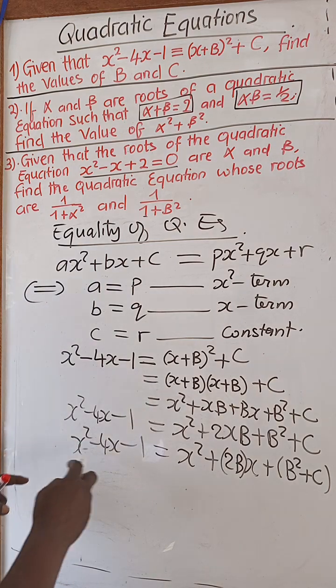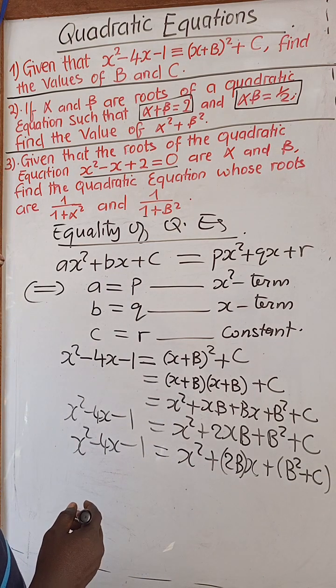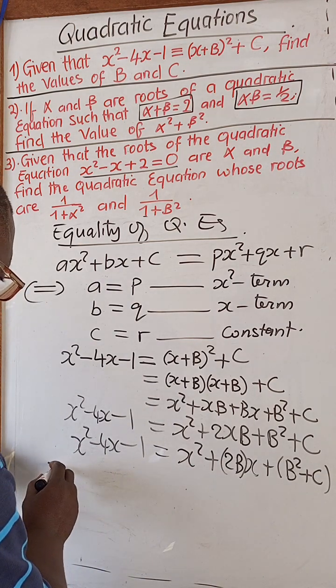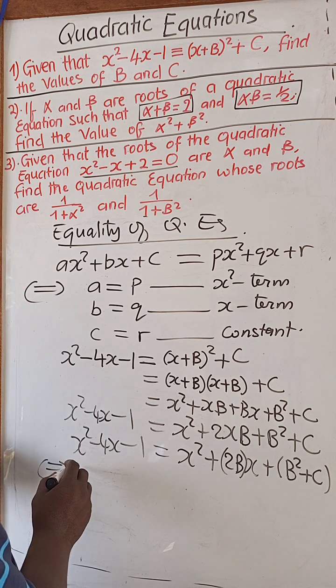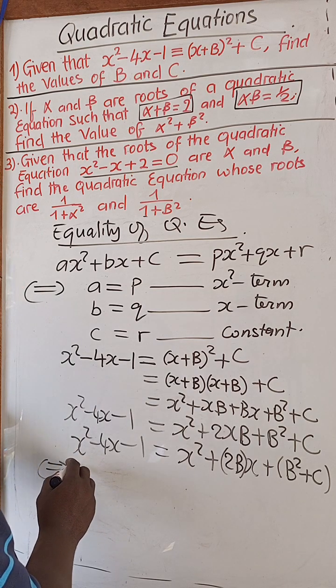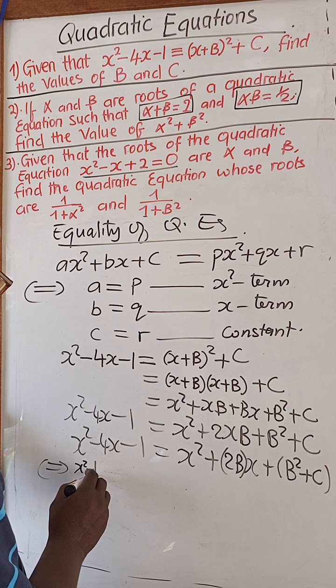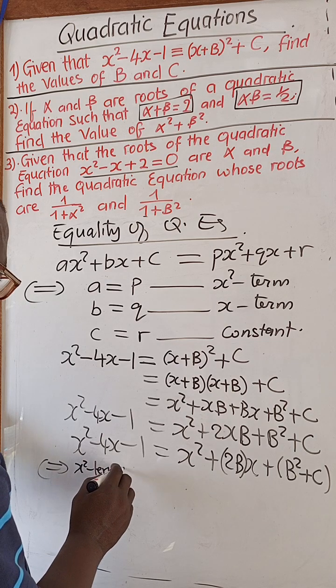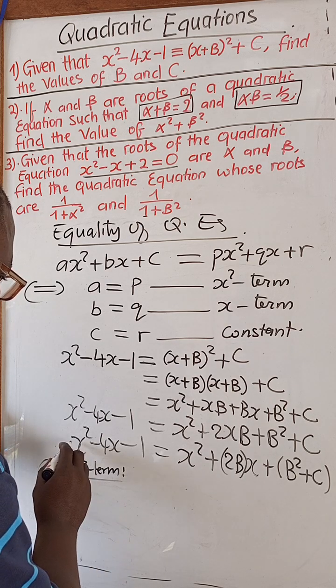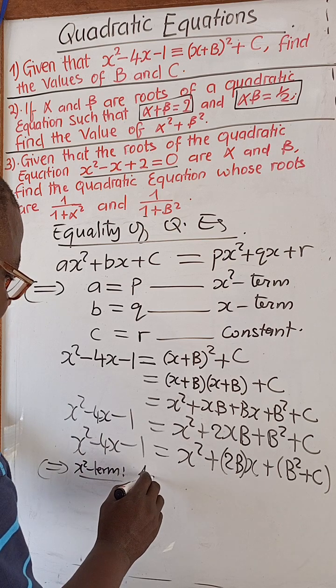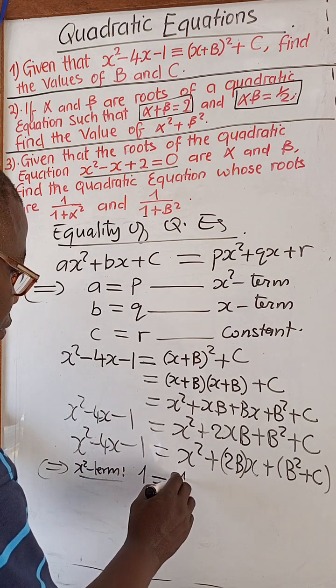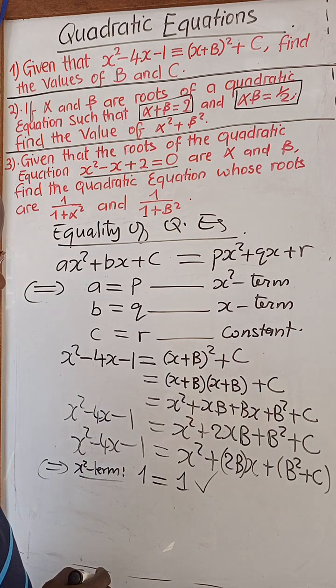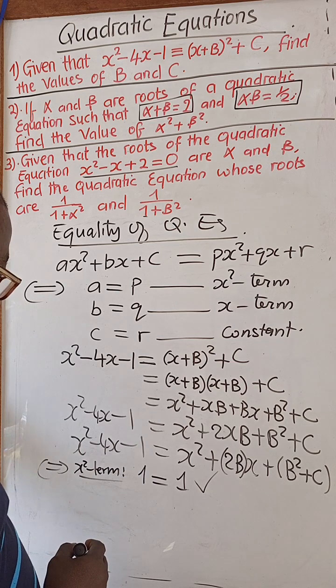This quadratic expression equals this quadratic expression. That can only be true if and only if coefficients of the x squared terms are equal. So let's start with the x squared term. The coefficient here is 1, so 1 is equal to 1. So there we have perfect equality, no worries.